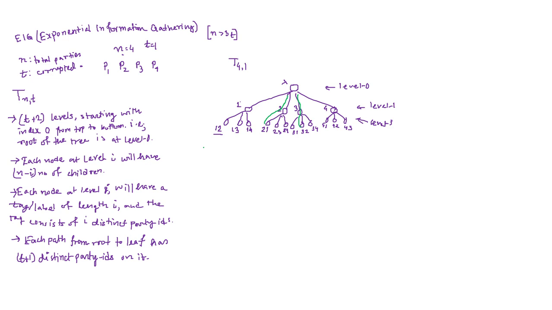So these are the properties that this EIG tree data structure should satisfy. With this information, let us proceed to how the EIG Byzantine Agreement Protocol works.